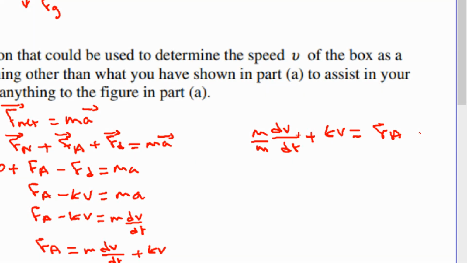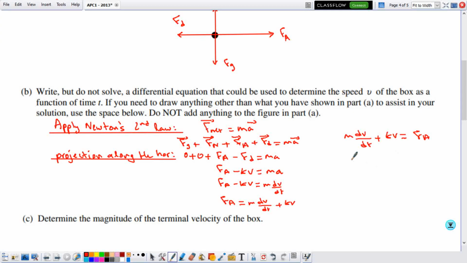So divide everything by m. That would give us a differential equation given by dv by dt plus k over m, the coefficient, multiplied by the variable v, equals Fa divided by m, and that is our differential equation that we're searching for.